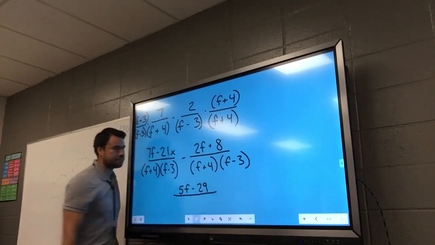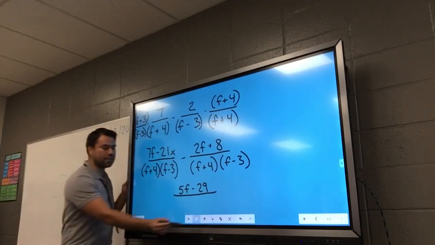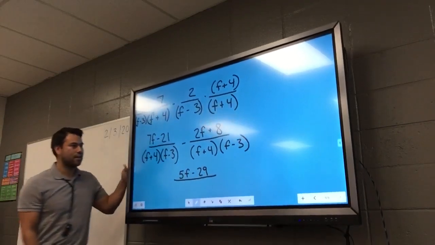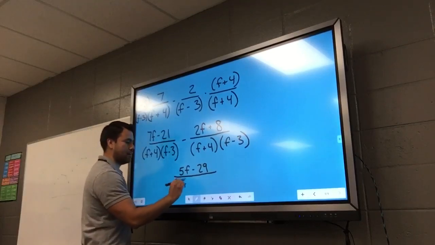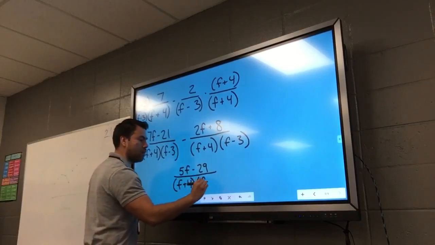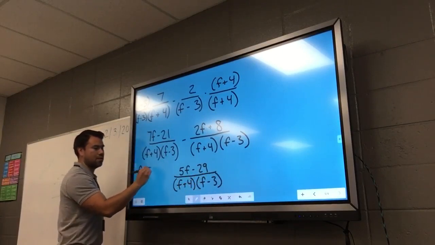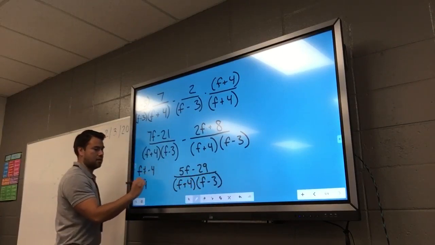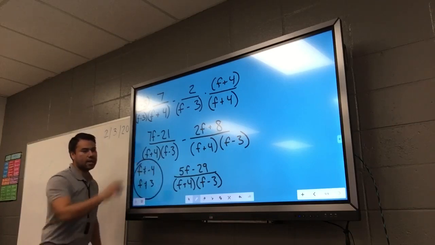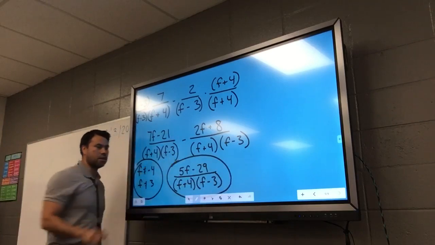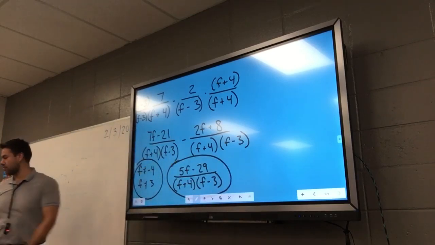I threw in the x, sorry. So what are your excluded values? Negative 4 and positive 3. And can you cancel anything out? No, nothing factors out from the numerator, therefore nothing cancels out.